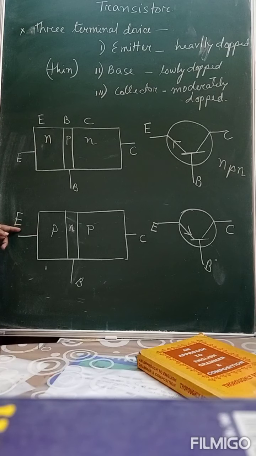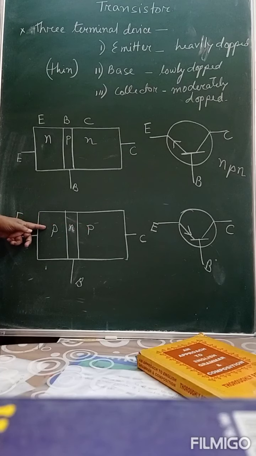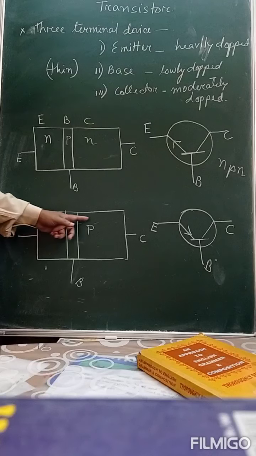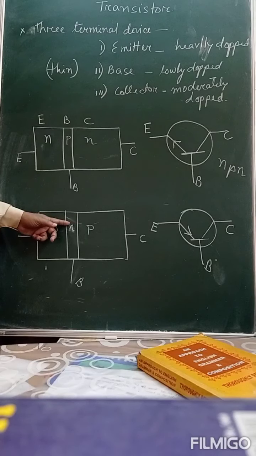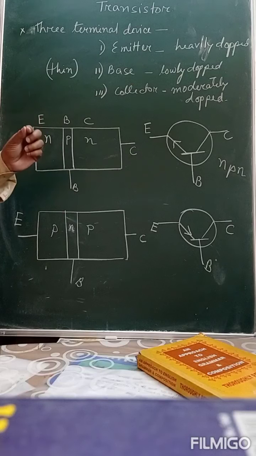In this case, emitter is P type, base is N type, and collector is P type. So what is the majority charge carrier here? Here majority charge carrier is hole. Yes or no? That means holes move from emitter to collector through the base. Holes are moving from P to N, emitter to base.